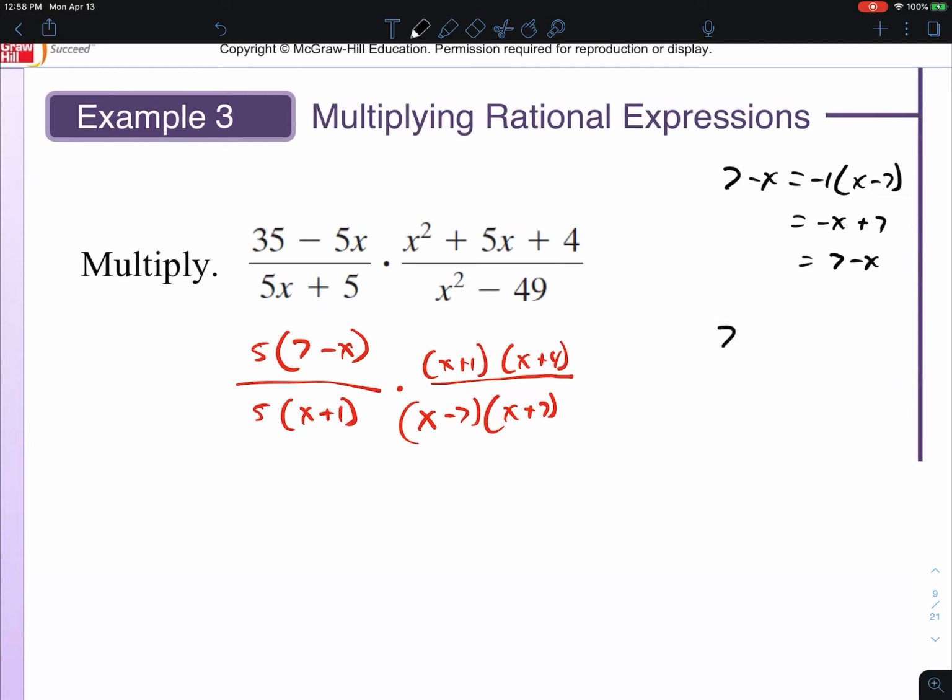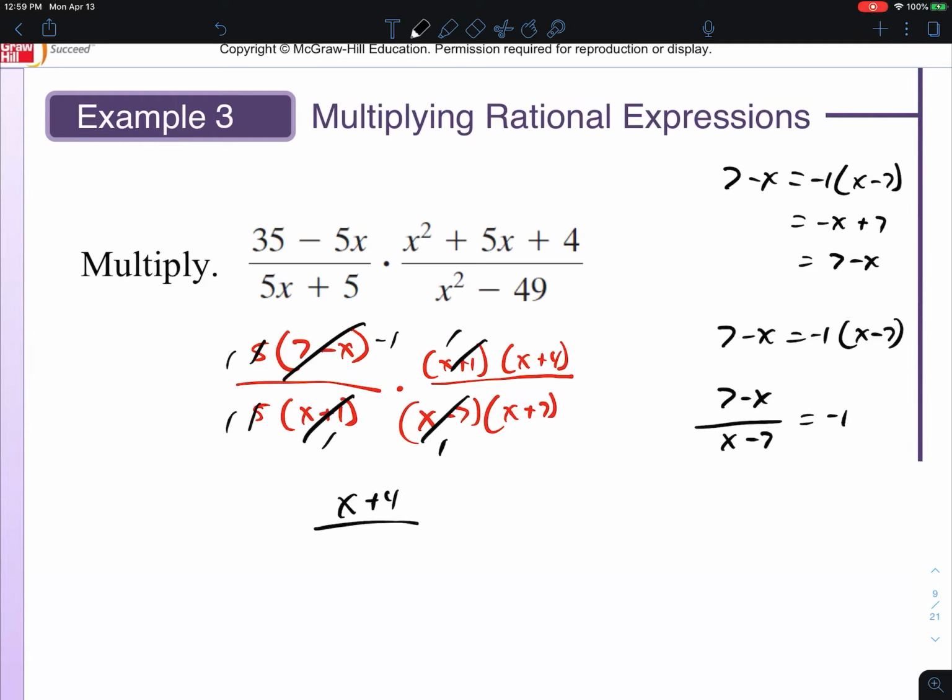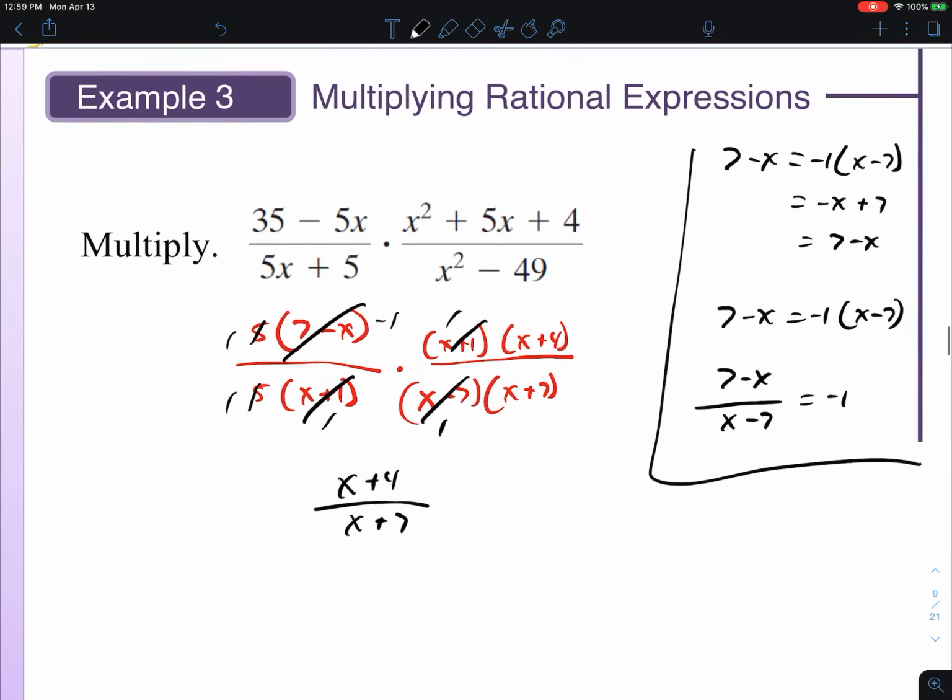So if we know that this is equal to negative 1 times x minus 7, if I divide both sides by x minus 7, I get negative 1. Where you put the negative 1 doesn't matter, but you have to put it somewhere. Cancel out the x plus 1s. The 5s will cancel out. And then I'm left here with x plus 4 over x plus 7. So just remember this right here because you'll see that quite a bit.